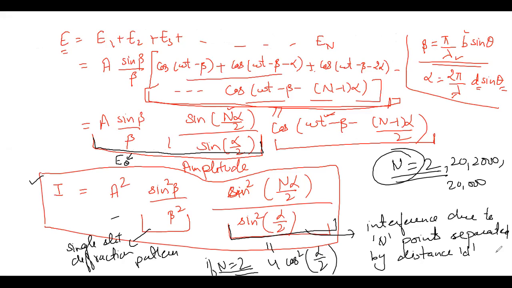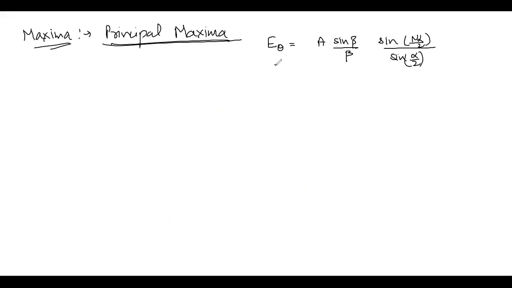And your intensity is basically given by A square sine square beta over beta square into sine square n alpha by 2 over sine square alpha by 2. As I said before, the diffraction term, when you talk about the maxima, it basically gives you envelope for defining the pattern.